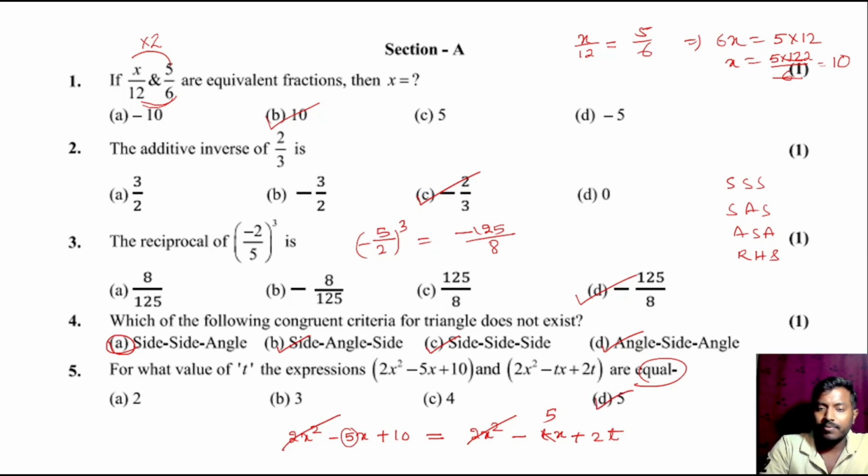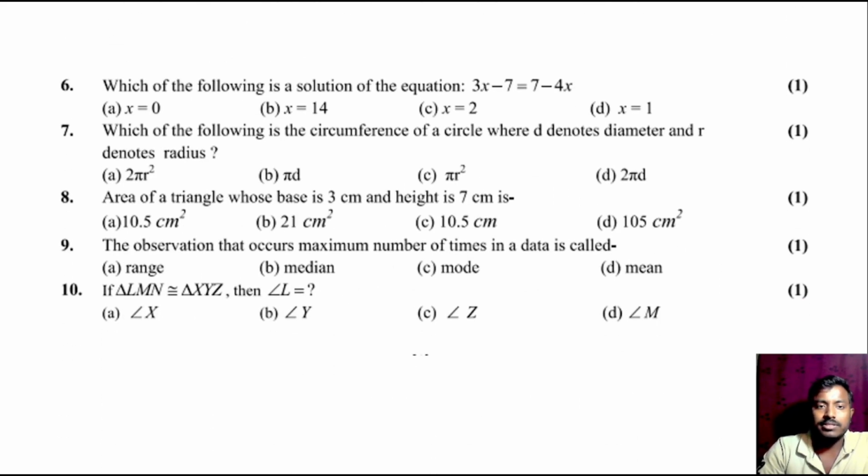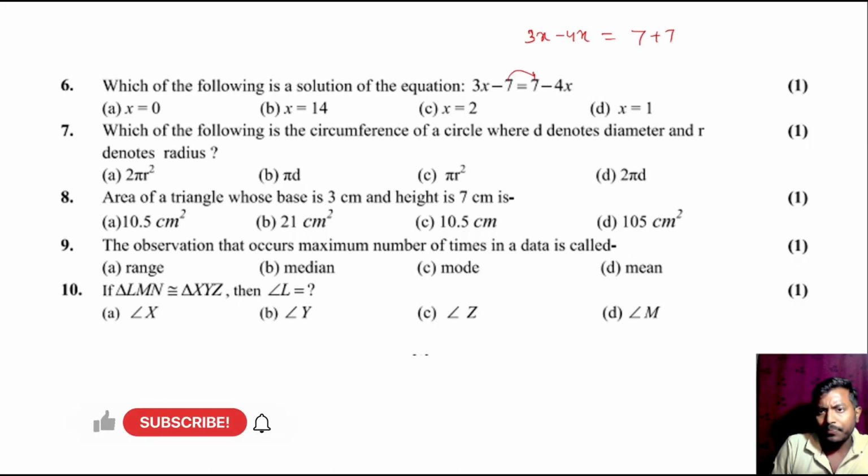Okay. Next, question number 6. Which of the following is a solution of the equation 3x minus 7 equals 7 minus 4x? First of all, arrange: 3x plus 4x equals 7 plus 7.